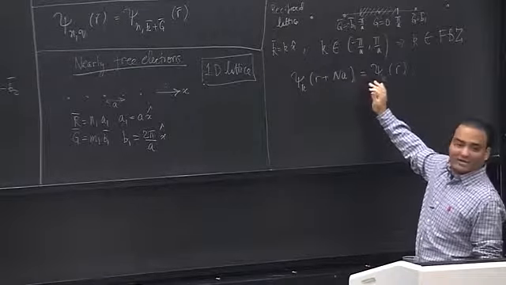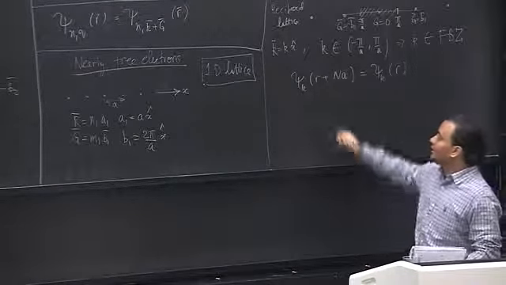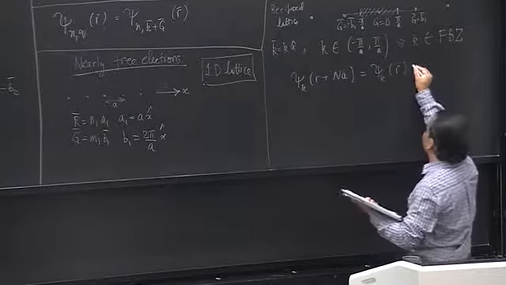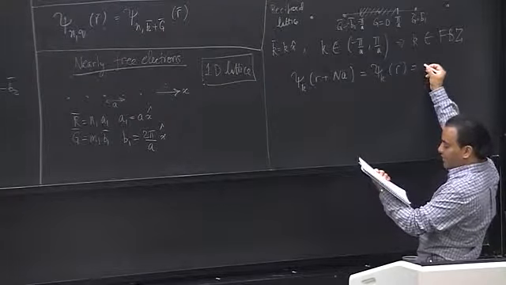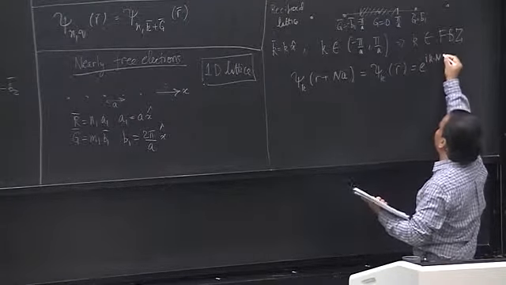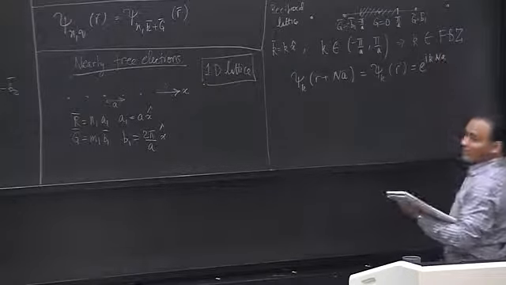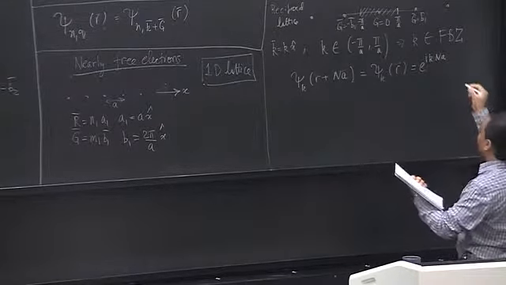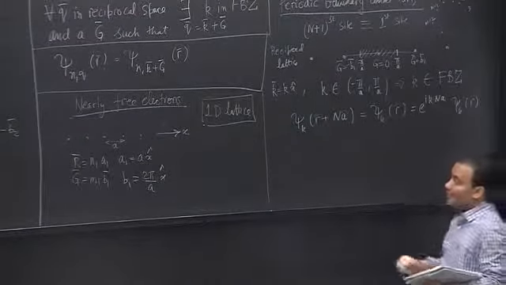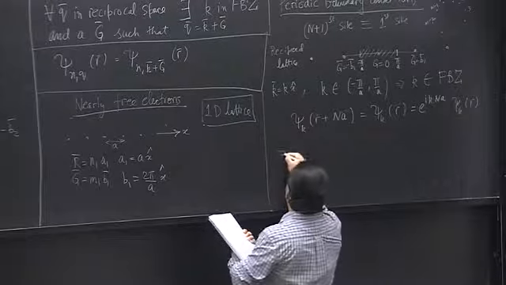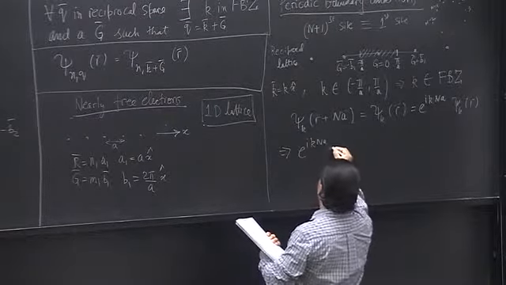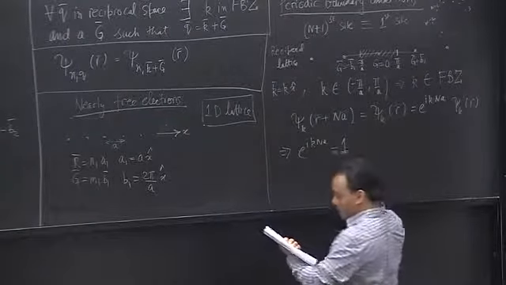This is the periodic boundary condition statement. Now let's apply Bloch's theorem to this. That means this should be equal to e to the power i k NA times psi k of r. This implies that e to the power i k N A must be equal to 1.